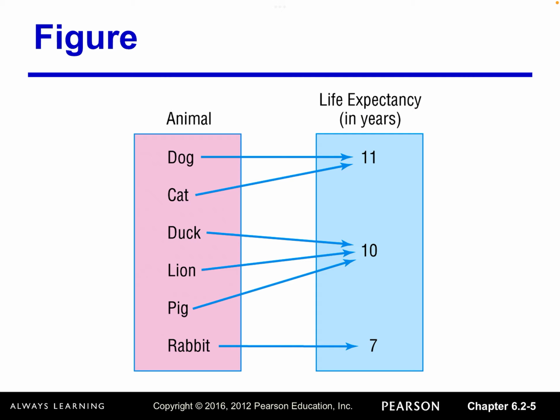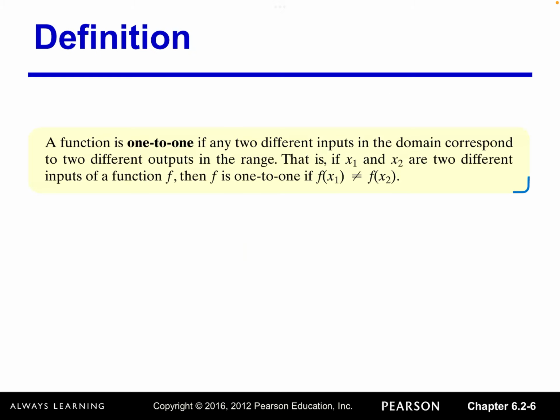On the left-hand side, every element only pairs with one y, but on the right-hand side, not every y pairs with just one x. For example, 11 pairs with two x's, dog and cat. For this one, y pairs with three x's. So this is not a one-to-one function. But it's a function though, just not a one-to-one function.